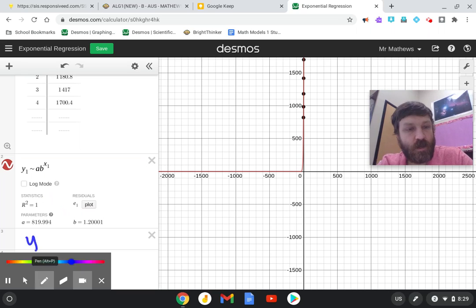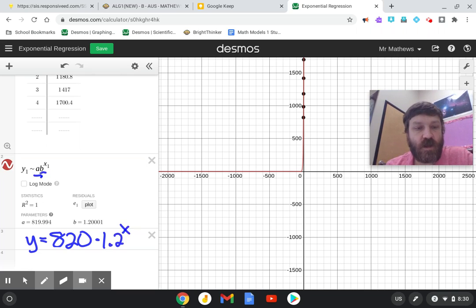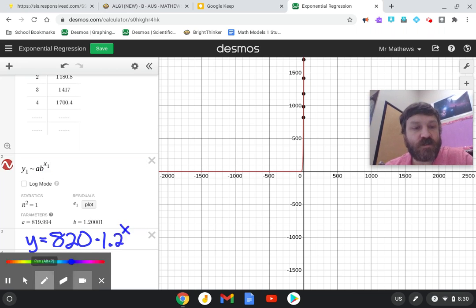So it would be y equals a, which is, we're going to put 820, we're going to round, times 1.2 to the x. So you see I've taken a and put it in the a spot, I've taken the b and put it in the b spot, and then gone ahead and gotten the entire equation. So this is what you have to do when it says write an equation for this data. So let's go look.